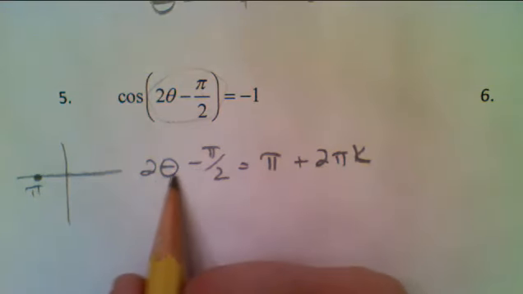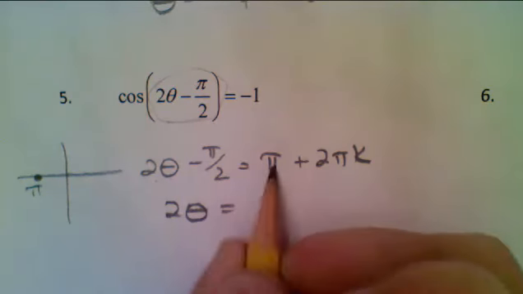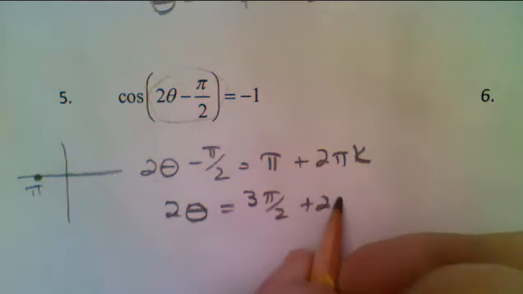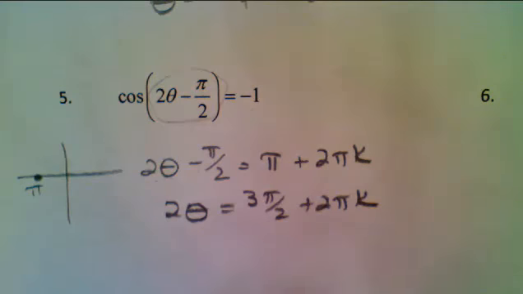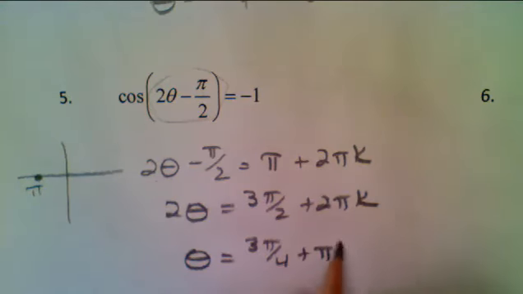So we first have to solve for theta. We need to add pi over 2. So 1 pi plus 1/2 of pi would be 3 pi over 2. And then we have to divide everything by 2. Divide 3/2 by 2, I get 3/4 plus pi k, dividing all 3 by 2.